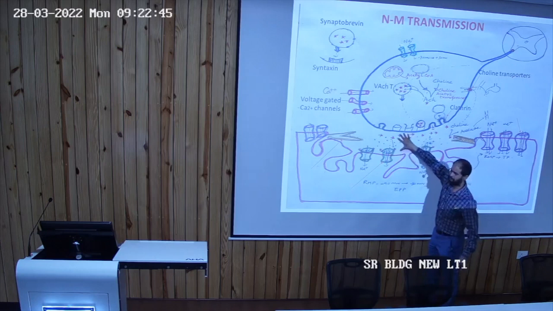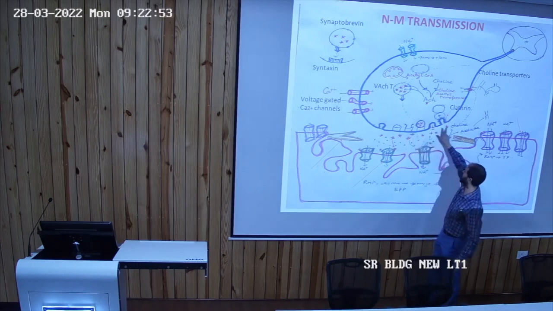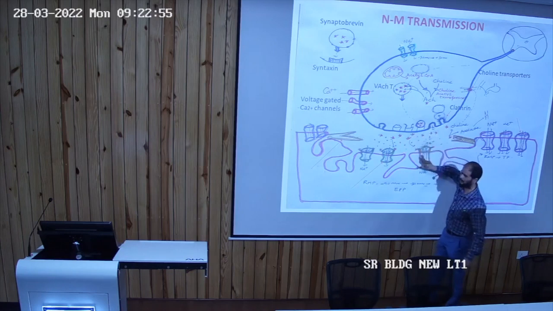The synaptic cleft has extracellular fluid also. Initially the acetylcholine concentration will be higher here and lower there. As you know, a substance moves from high concentration to low concentration, so there will be diffusion, and it will diffuse across to this side.